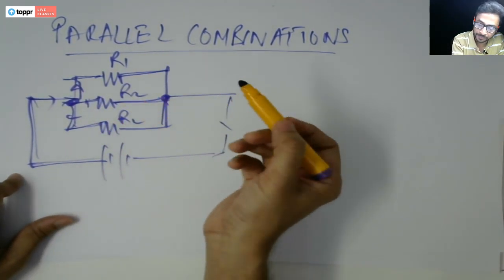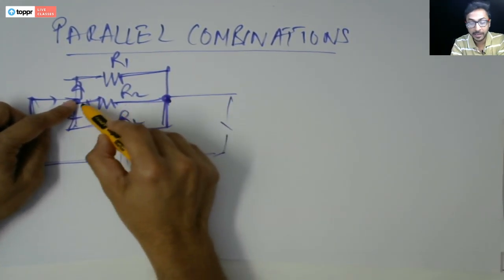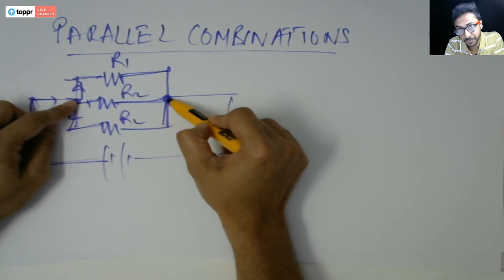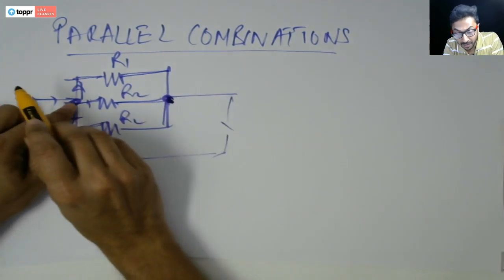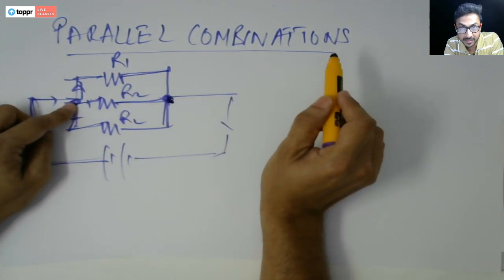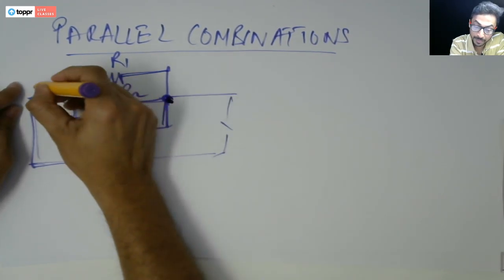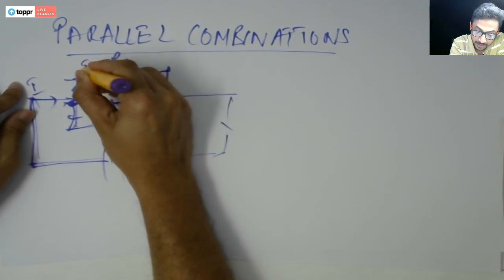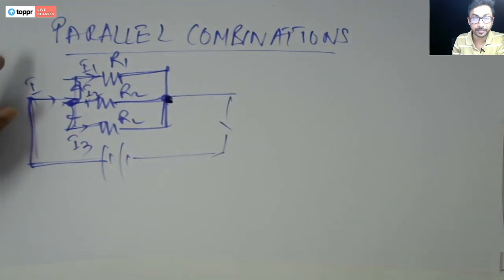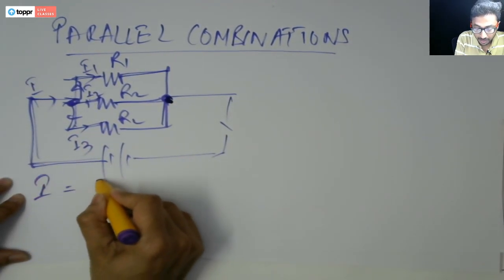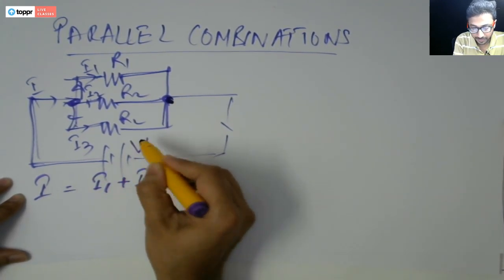In this case, you see the potential difference across all the resistances is the same. Previously in the series combination, what we have seen, the current through the resistances is the same. Here the potential difference across all the resistances is the same. What is happening? The current is dividing into I1, I2, I3. So I is equal to I1 plus I2 plus I3.